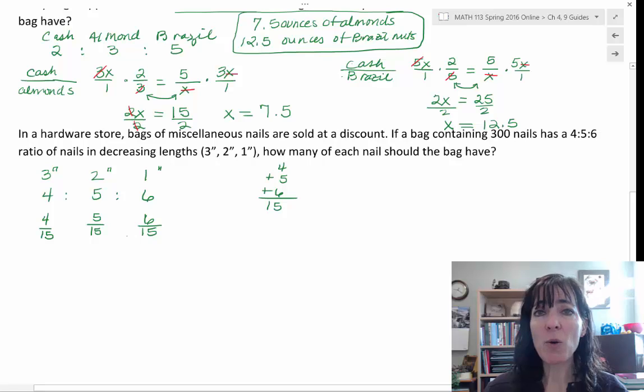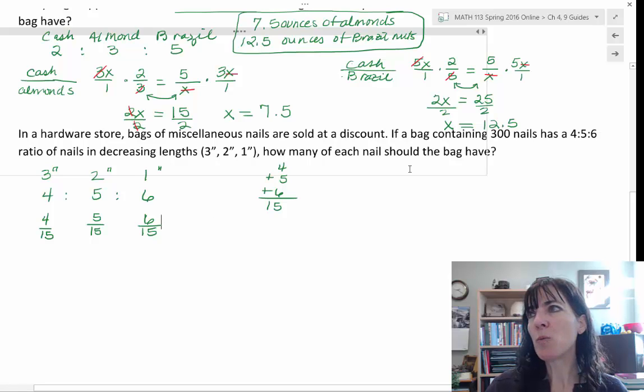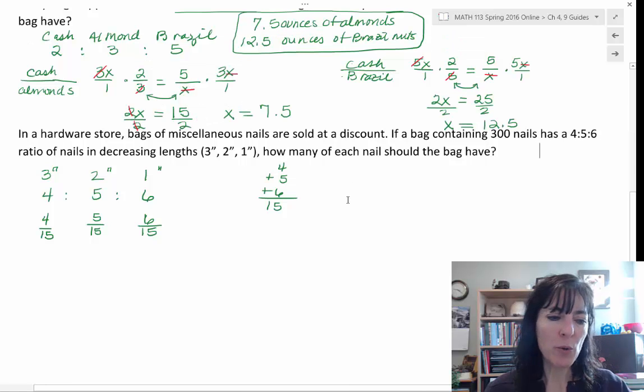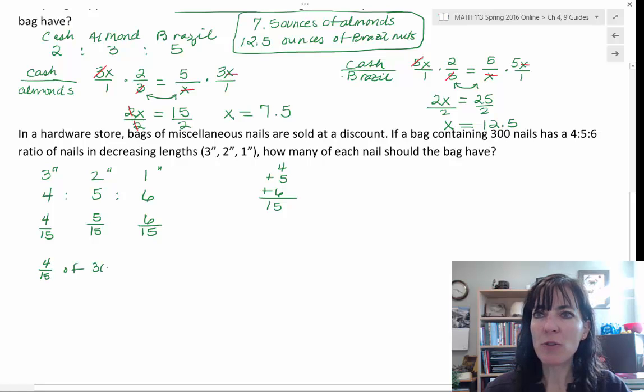That's beautiful. Now we have a fraction for each of our lengths. And so out of 300 nails, the size of our bag, we know that 4/15 of the 300 nails are 3-inch nails.